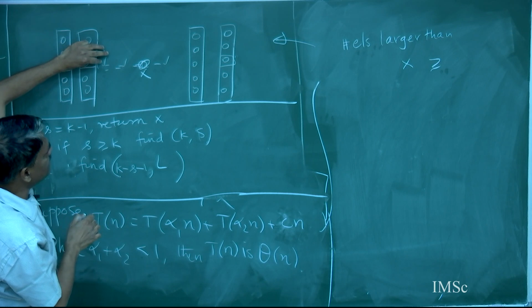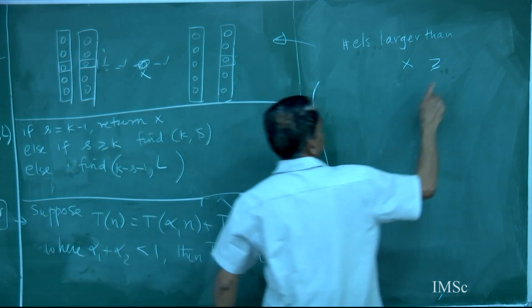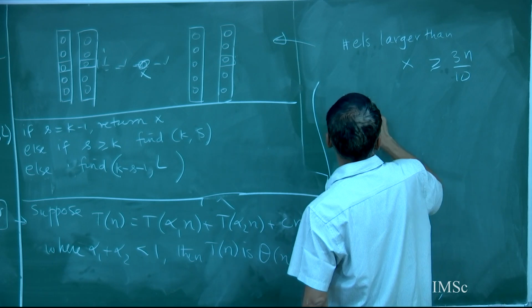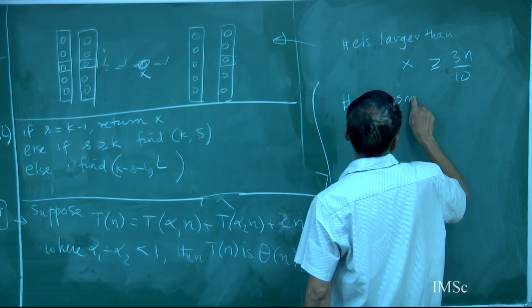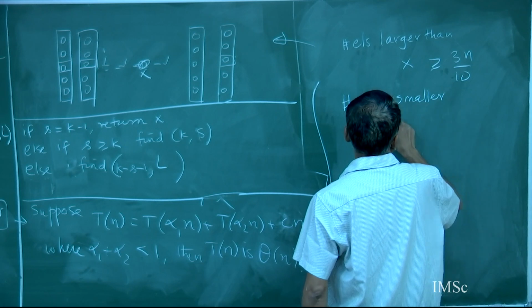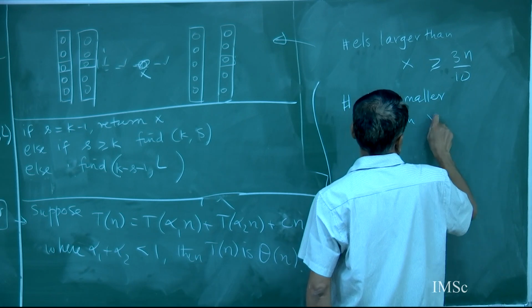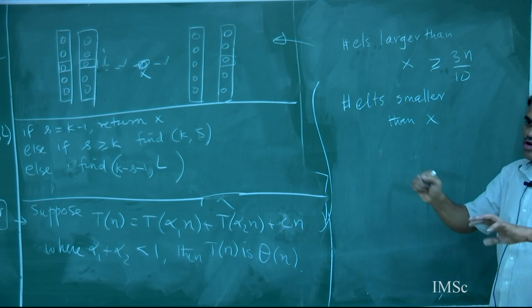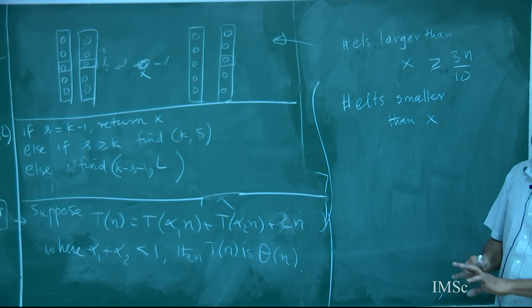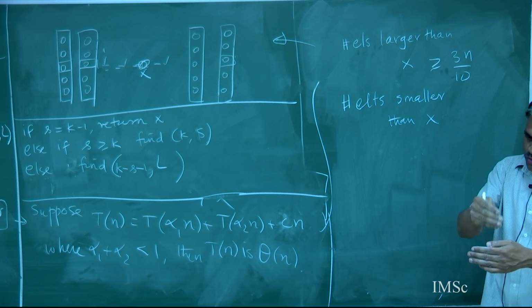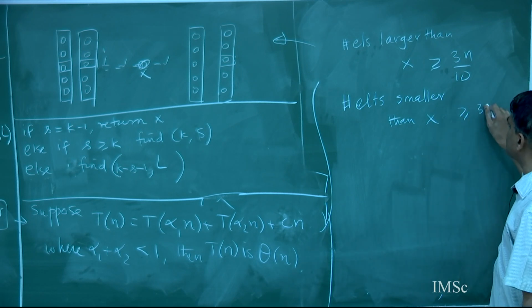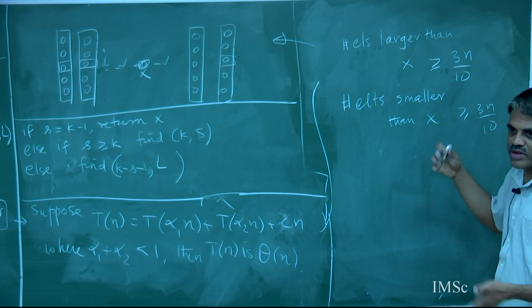So there will be 3 times n over 10 elements larger than x. By the same token, for the number of elements smaller than x, same thing. Because it's a median of n over 5 elements, at least n over 10 elements are smaller than that. For each one, there are 2 others smaller than that. There may be more others that come in.